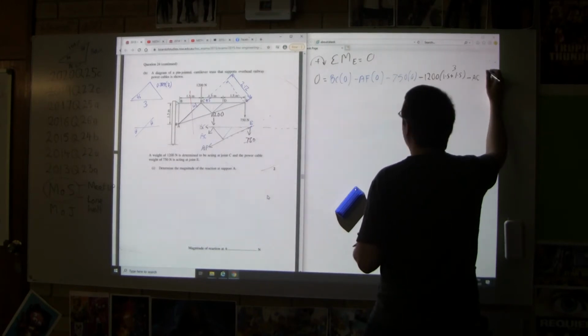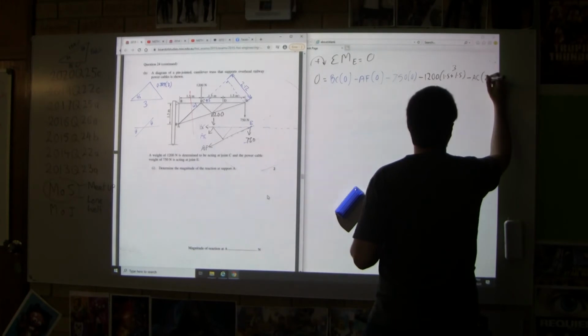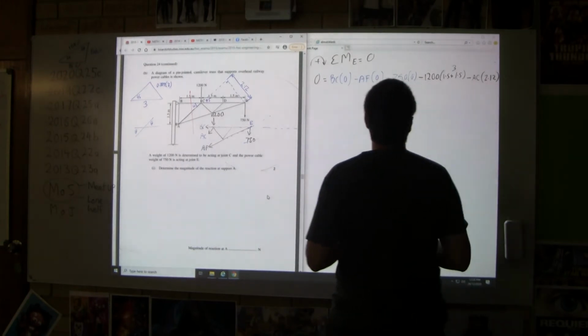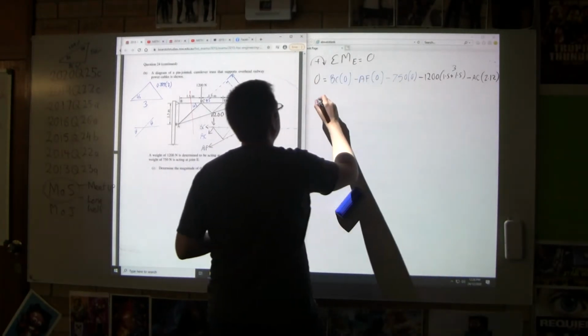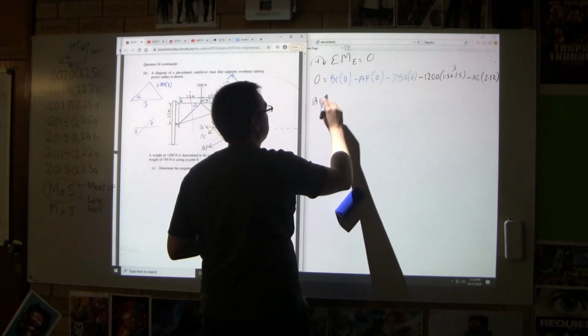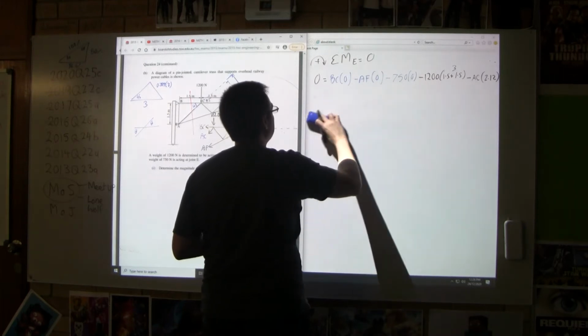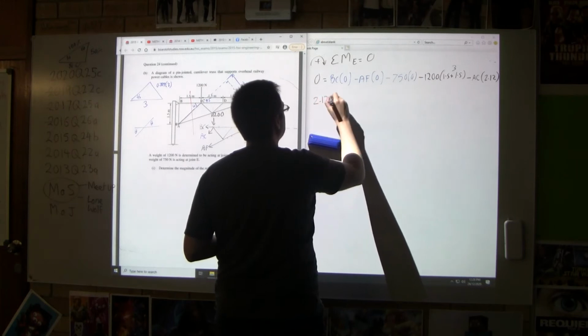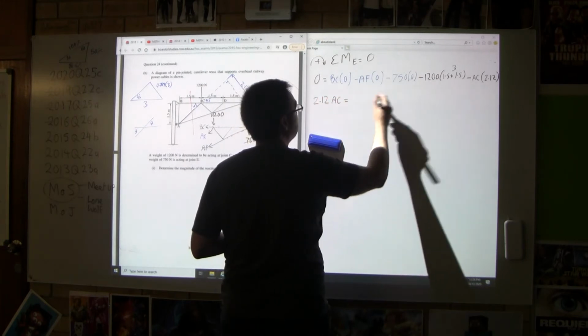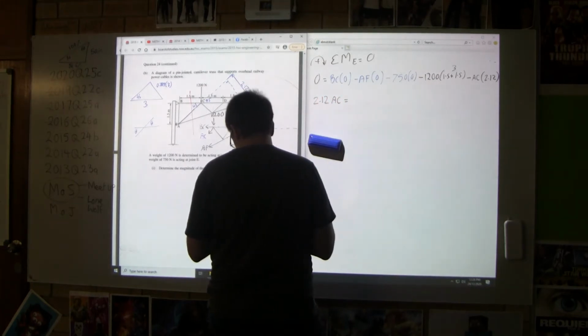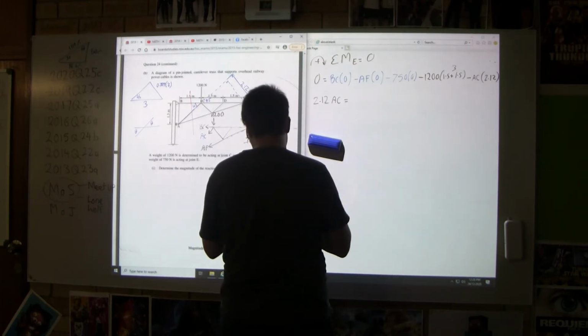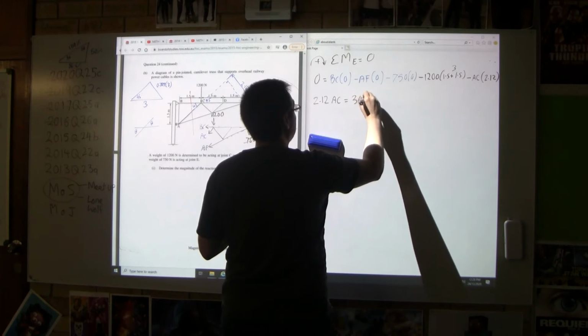We're going to start there, and we're going to write 2.12. We're going to bring this over here. We're going to make AC positive by bringing it to the other side. And we're going to have how many ACs? We're going to have 2.12 ACs, and it's going to equal 3 times 1200. I can't believe we've got a calculator out for that one. 3600.